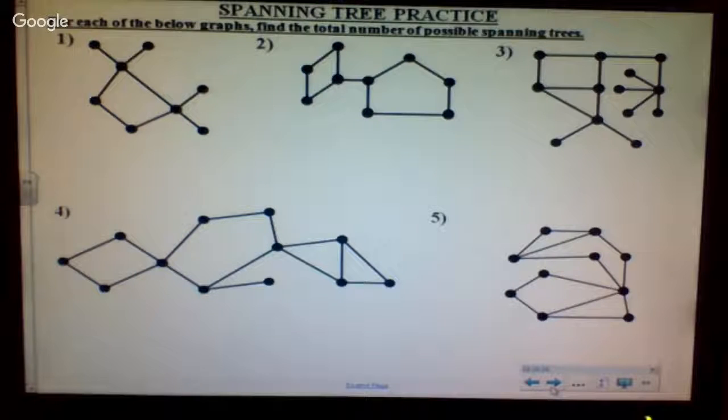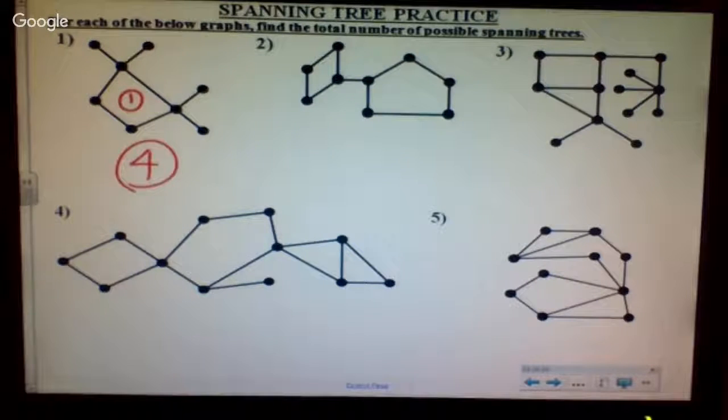Okay, so the easiest way I found to do this is 1, find out how many circuits you have. 2, identify them and tell me whether they share anything or do not. So number 1, how many circuits do I have? 1. That's it. I've got this circuit right here. How many edges are in that circuit?